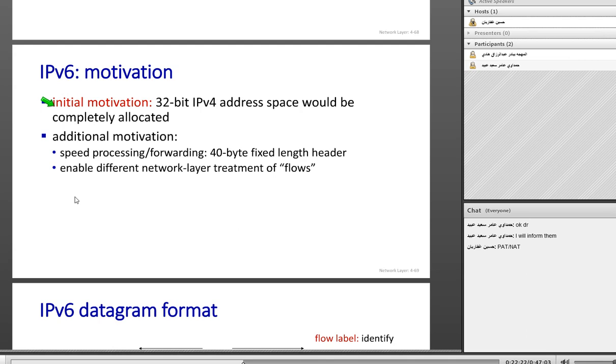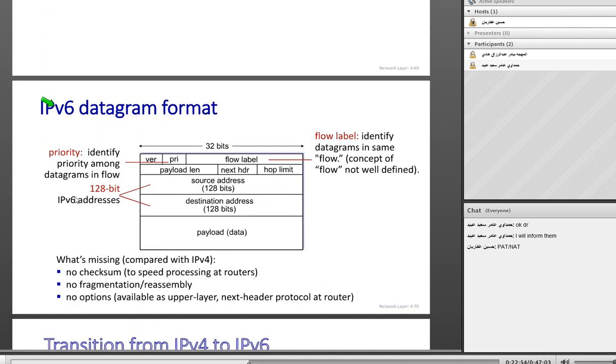These packets are moving along a similar path with similar requirements, so we must process them similarly. So flow processing is another motivation that happens in IP version 6.